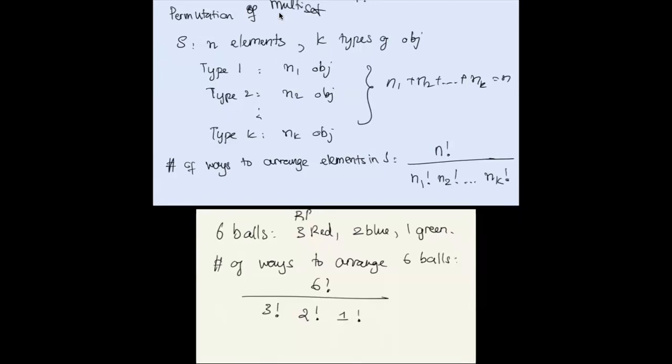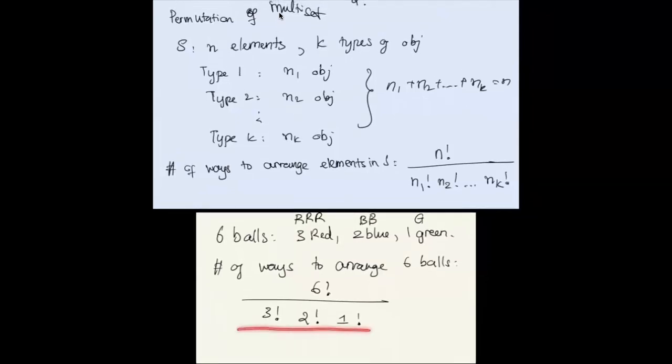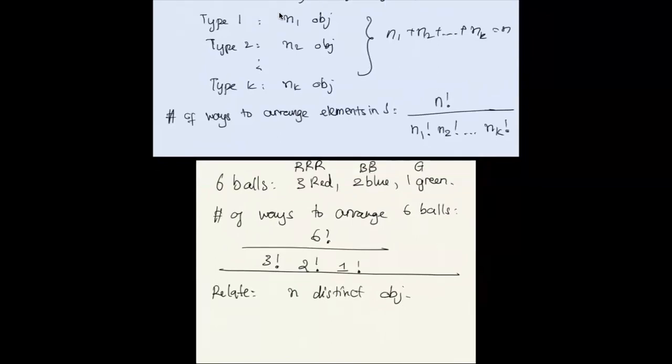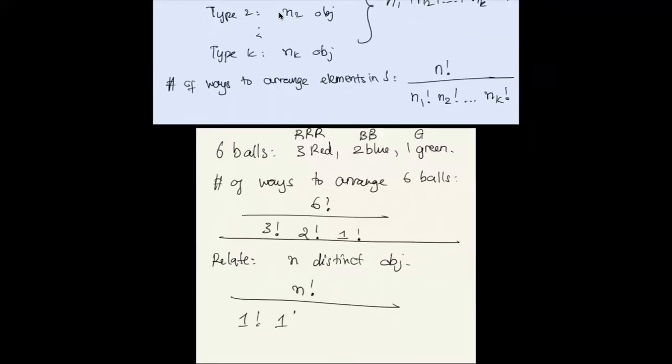So you can think of it as you have 3 red, you have 2 blue, and 1 green, like this. And if you relate this to the case where everything is distinct, where you have n distinct objects and you want to arrange those n distinct objects, then the number of ways is n factorial divided by 1 factorial, 1 factorial, and so on.